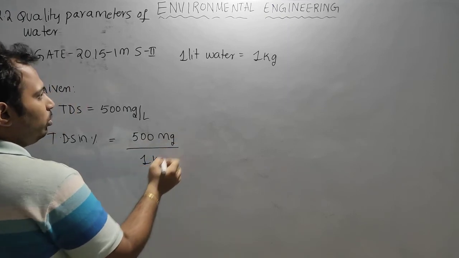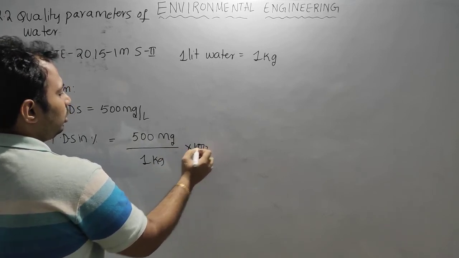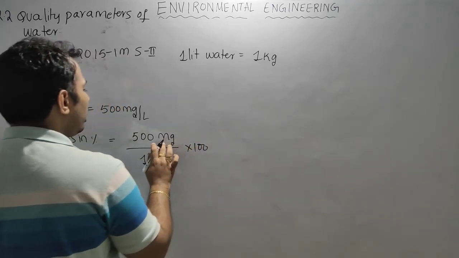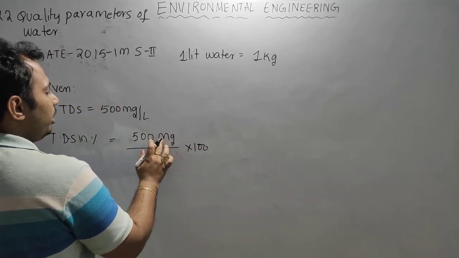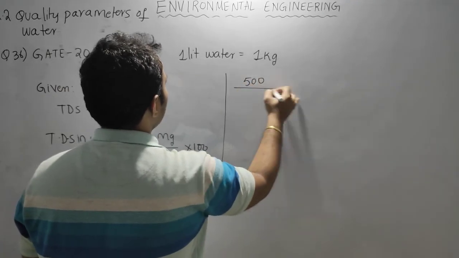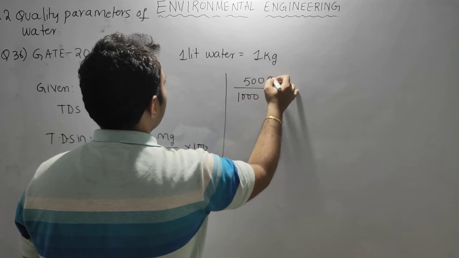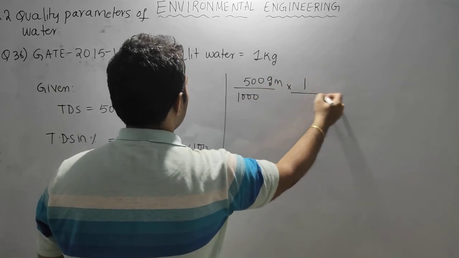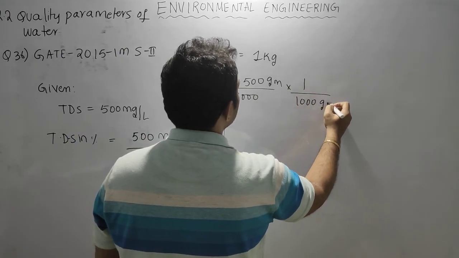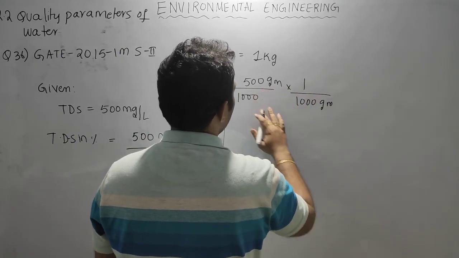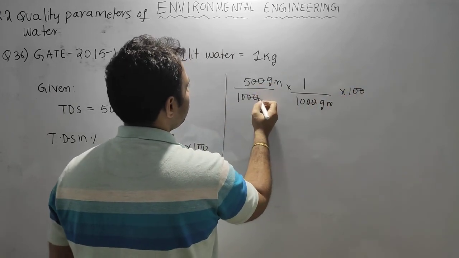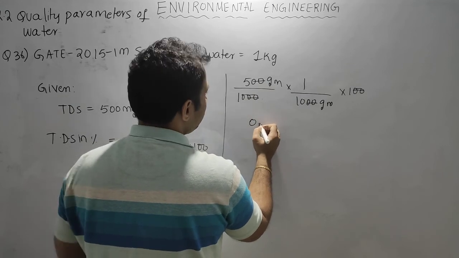To maintain uniform units, I need to convert this into gram. So 500 by 1000 is gram now, multiplied by 1 kg, which is again 1000 gram, into 100. It is equal to 0.05%.